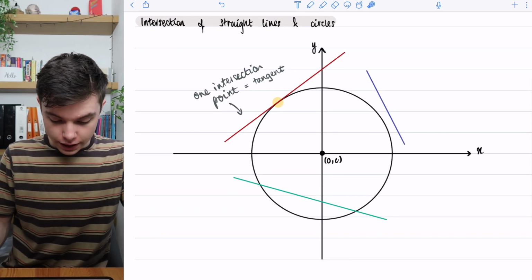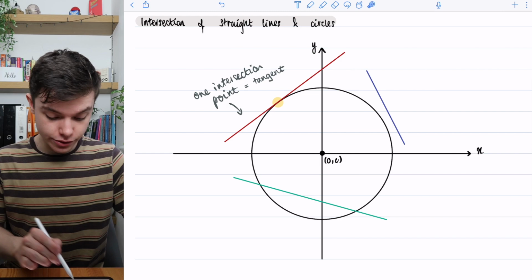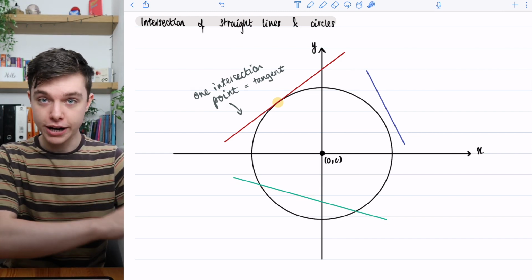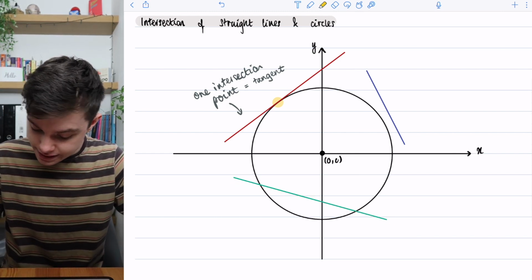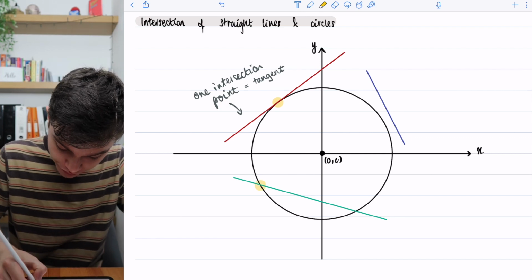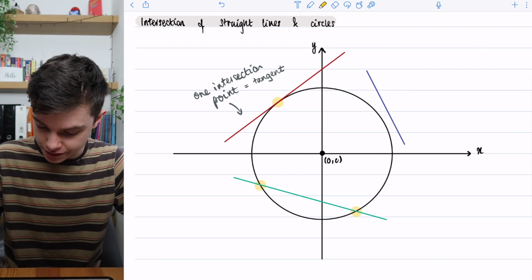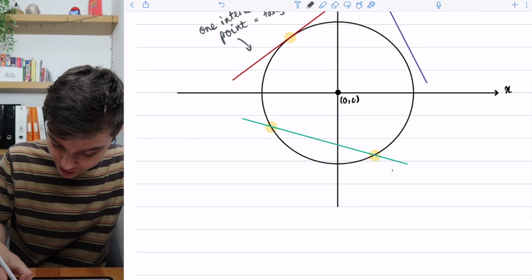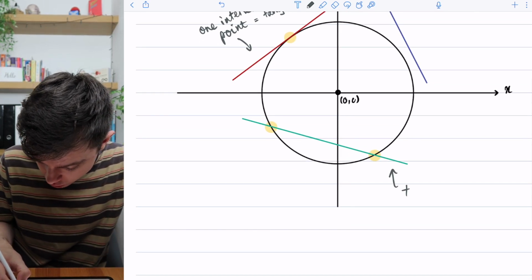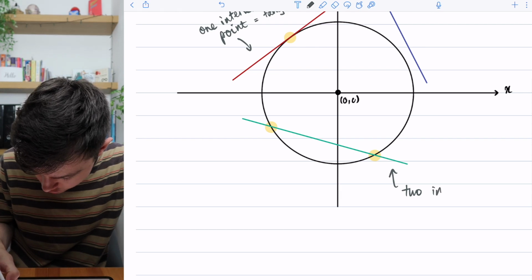Let's then have a look at the green straight line. We've got a different situation here. The straight line intersects the circle there and there, so we've got two intersection points. Let's write that on the green line.